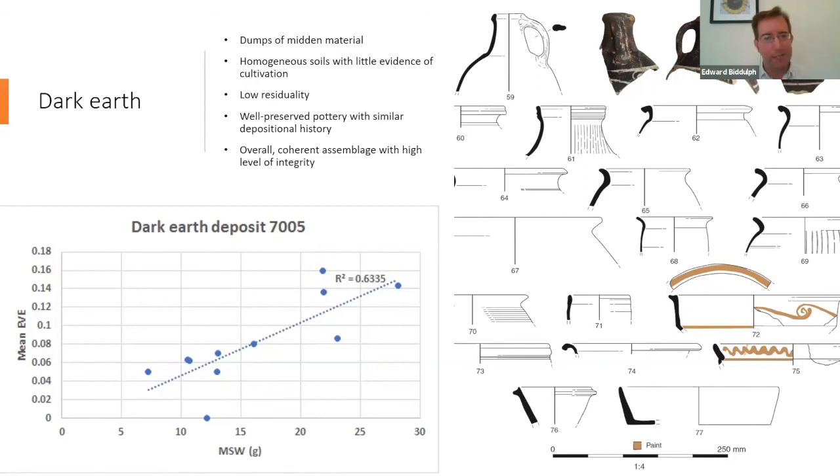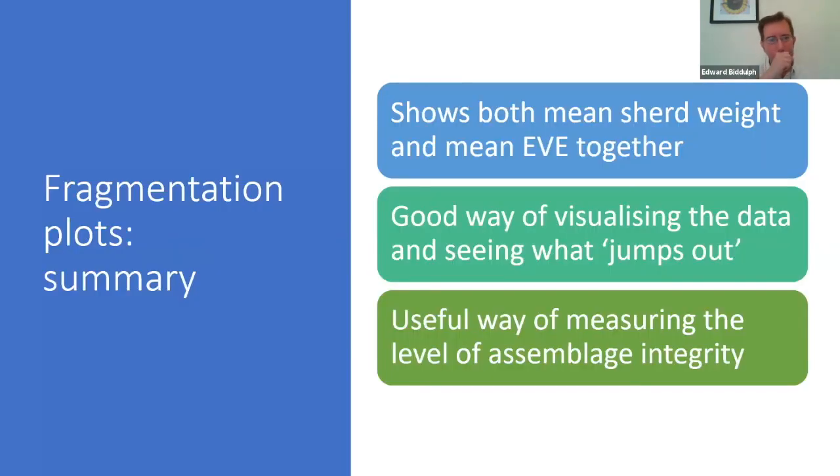So this is telling us something about the quality of the pottery coming out of this deposit, and as you can see, this is reflected in the higher R² statistic, the regression analysis. These fragmentation plots, if I can call them that, are a useful way of putting mean sherd weight and mean eves together, and a good way of visualizing the data and seeing what jumps out.